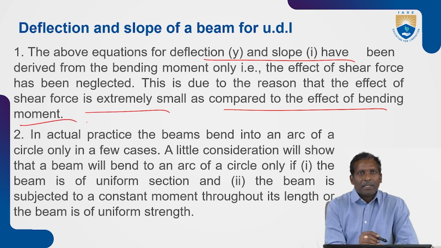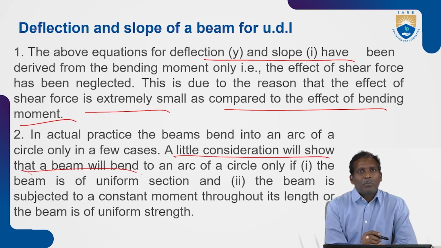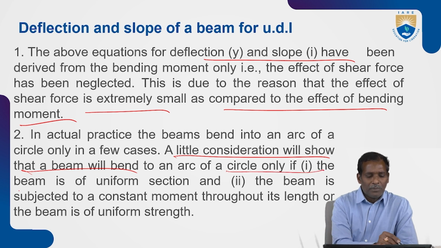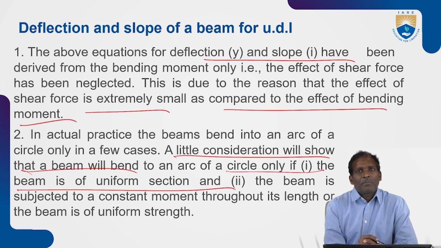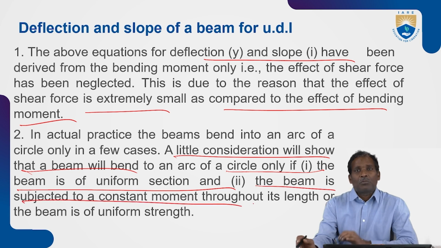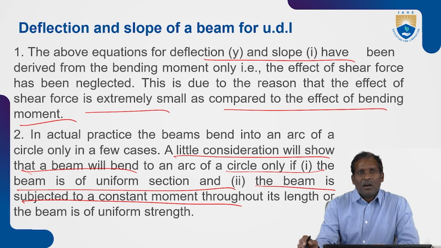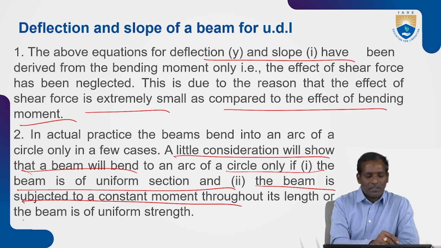In actual practice, the beams bend into an arc of a circle only in a few cases. A little consideration will show that a beam will bend to an arc of a circle only if the beam is of uniform cross section, or the beam is subjected to a constant moment throughout its length, or the beam is of uniform strength.